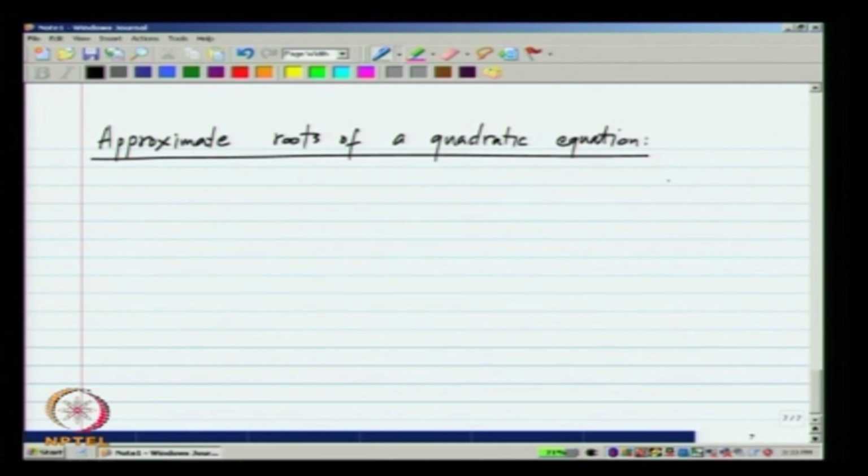So, it turns out that the quadratic equation of course has two roots, but when the two roots are very far from each other, that is when the magnitude of one of the roots is very small compared to the magnitude of the other root, the following approximation can be used.